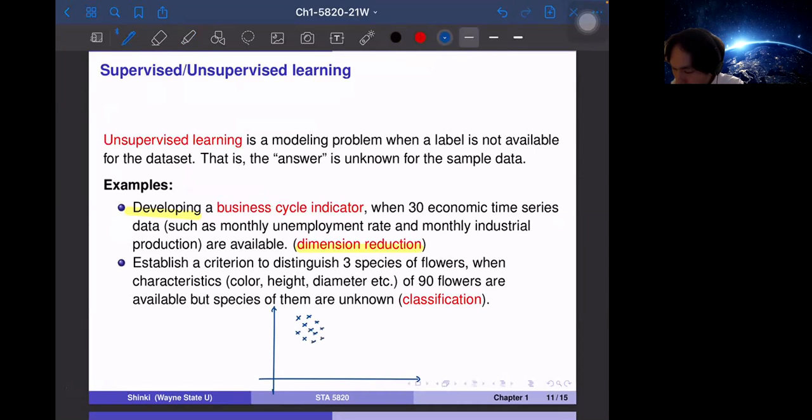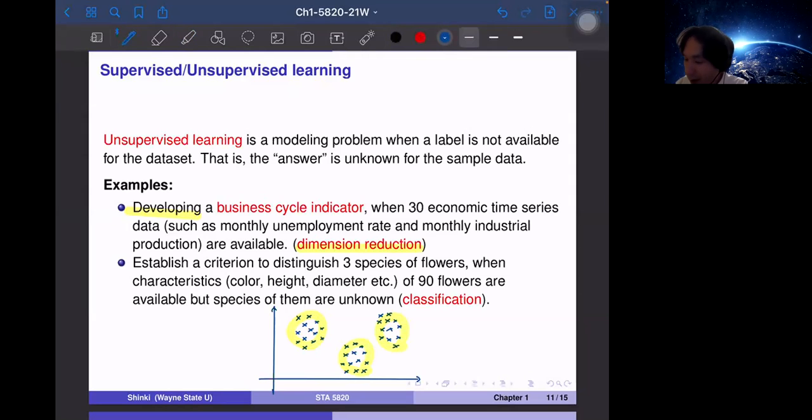So think about 3 species of flowers, but we don't know which species each flower belongs to. But suppose the data is like this, then you can clearly see 3 clusters.